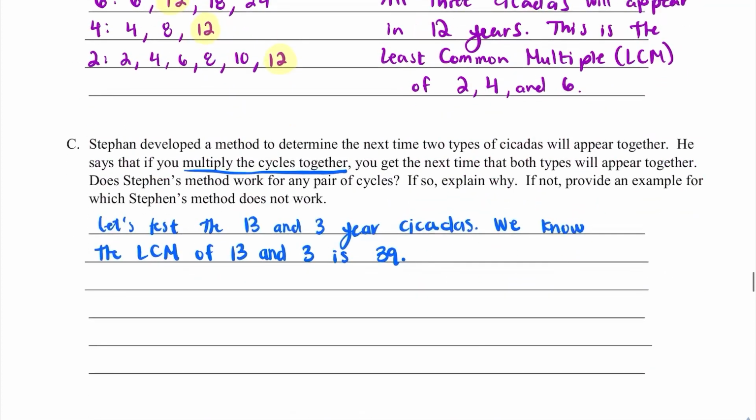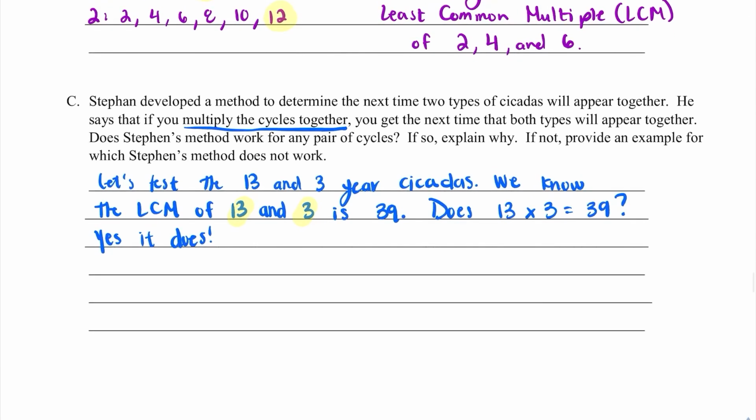With the work that we already did, we already discovered that the LCM is 39. So what Stephen is proposing is that if we multiply the cycles, if we multiply these numbers here, we should get the least common multiple. So let's ask ourselves, does 13 times 3 equal 39? Yes, it does. Okay, so Stephen's method works here.